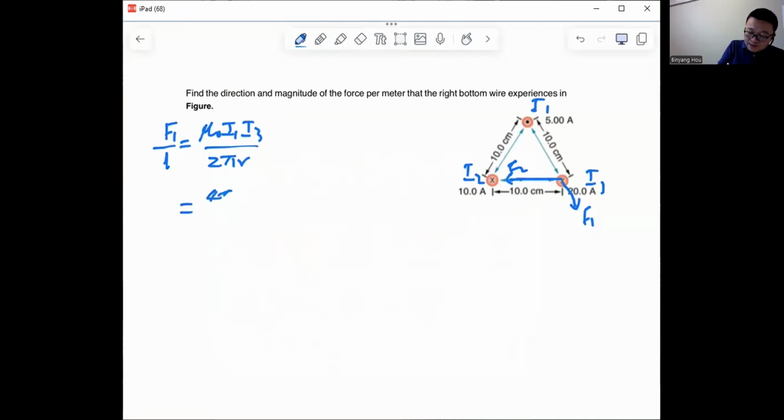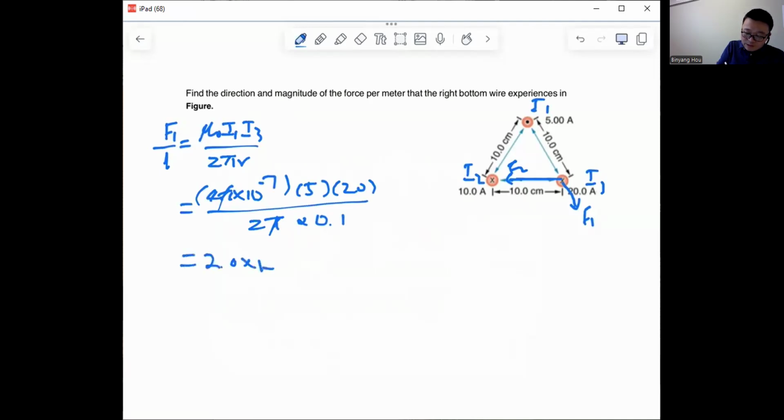So 4 pi times 10 to the minus 7, and then 5, and then 20, and then over 2 pi times 0.1. Okay, so pi and pi cancel. So this will be 2.0 times 10 to the minus 4 newtons per meter.